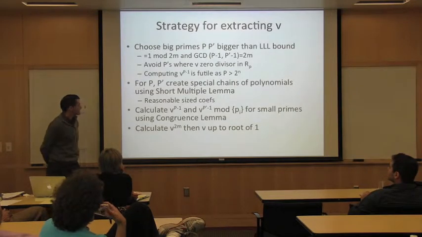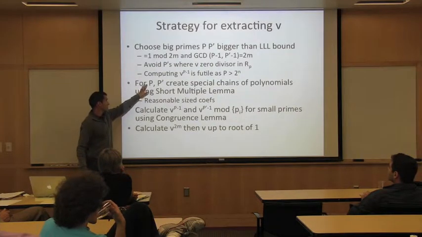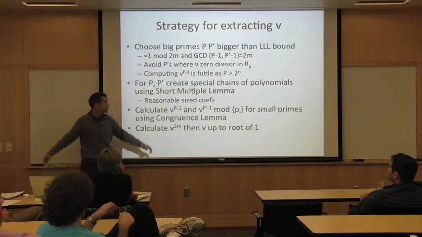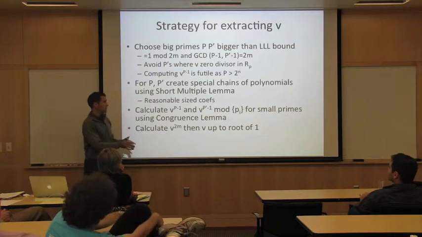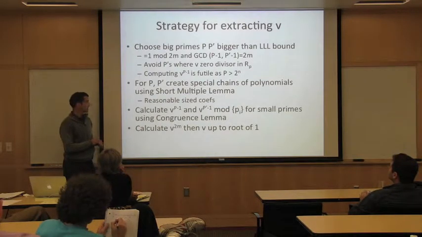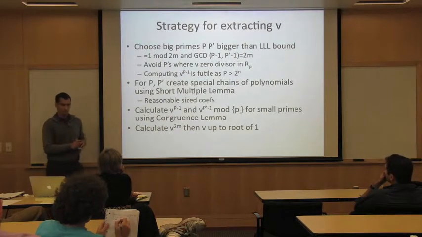Okay. So then what we're going to do is use p and then separately p prime. You do them in parallel if you want. We're going to create these special chains of polynomials, one after another, using that short multiple lemma, which relies on LLL, that flavor of LLL.